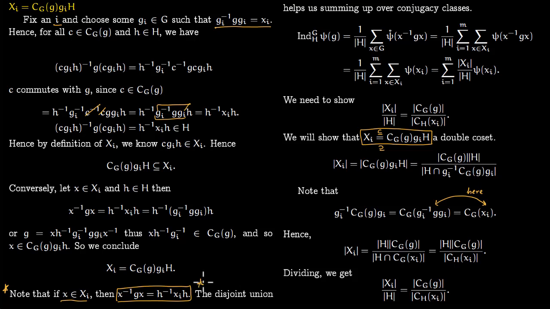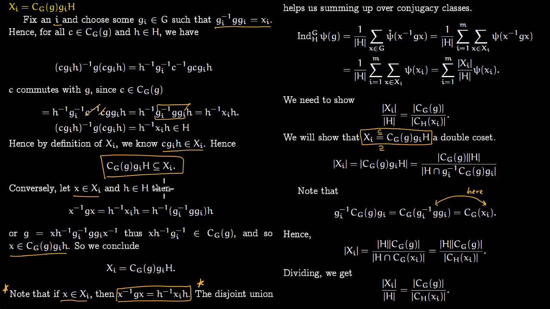So at the start of this lecture, or on the previous slide, we talked about the importance of this. So this belongs in X_i, so there you have the first inclusion. This belongs to this. So now we have to go in the reverse direction. We'll start with x in X_i and show this x lies within this. So you'll have the reverse inclusion, and that should give you the equality.